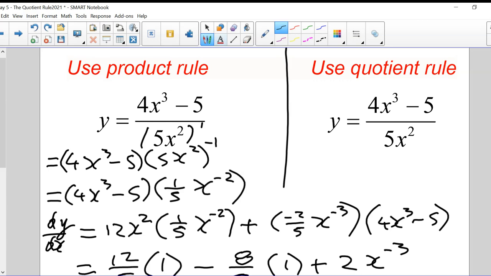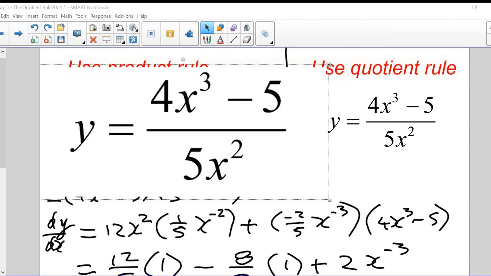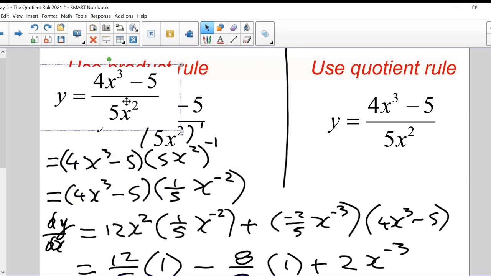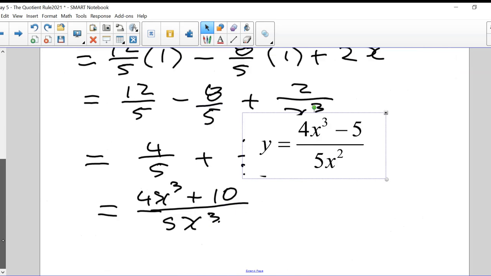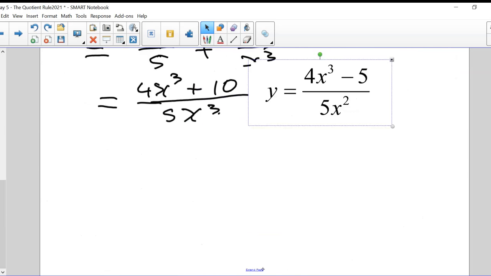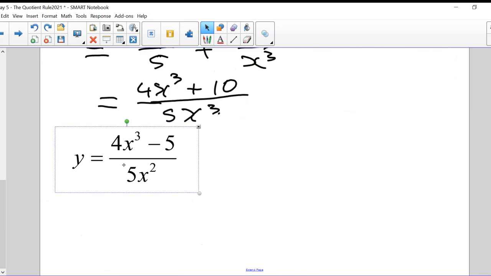So let me copy this down and go through the quotient law steps. Same function, but now trying a different strategy, and we're hoping that we end up with the same result, unless we made a mistake.